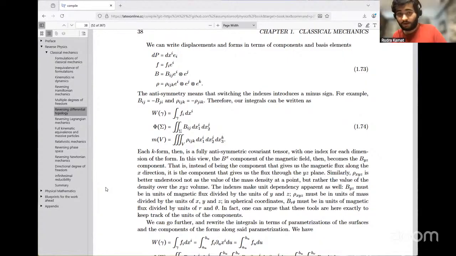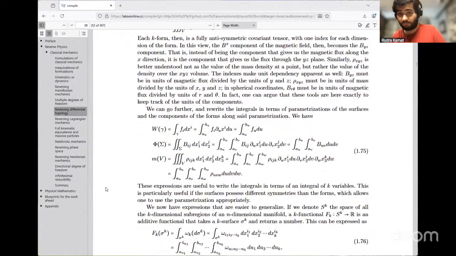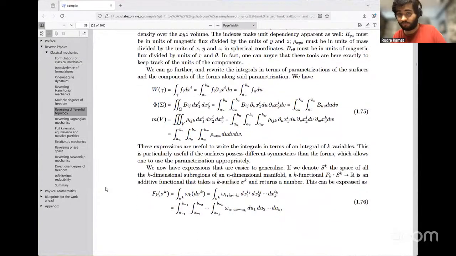We can go further and rewrite the integrals in terms of parameterizations of the surfaces and the components of the forms along said parameterization. We have equations 1.75. So basically what we are saying here is that this is a line integral over gamma.